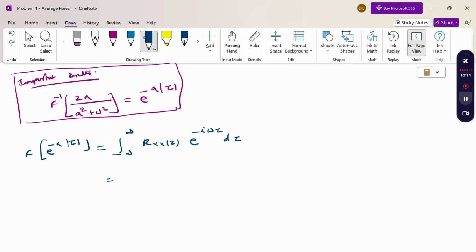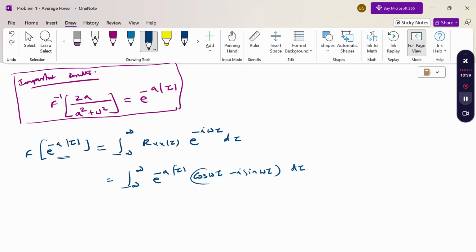Substituting the autocorrelation function, we get the integral from minus infinity to plus infinity of e power minus a modulus of tau, and expand e power minus i omega tau in the form cos omega tau minus i sin omega tau.